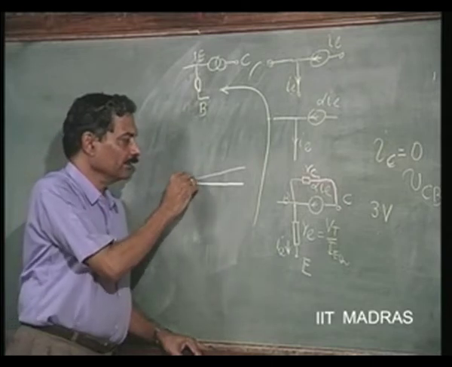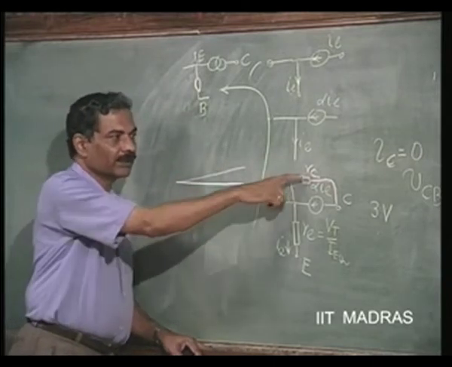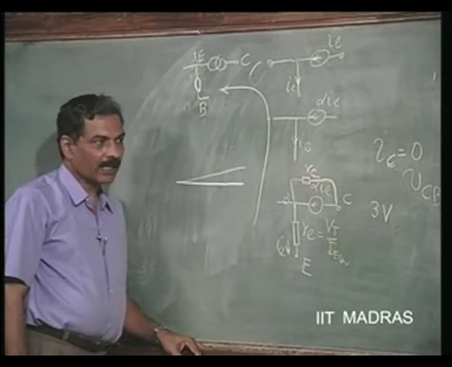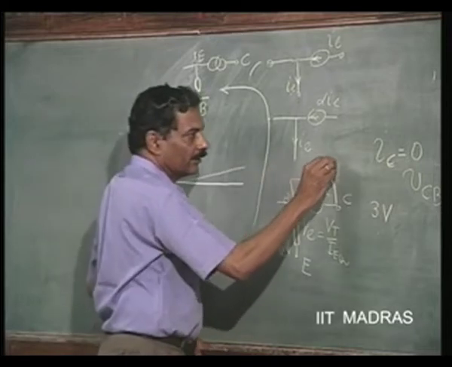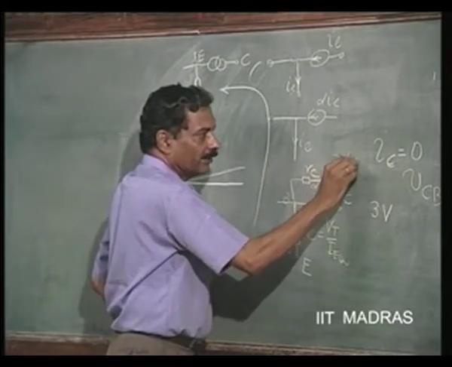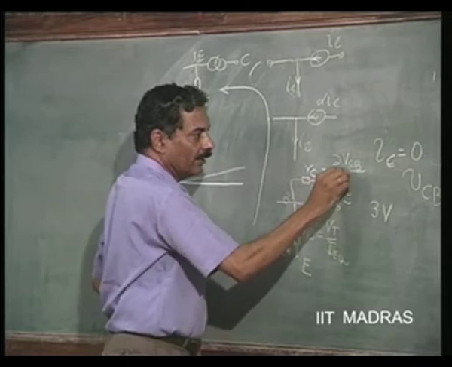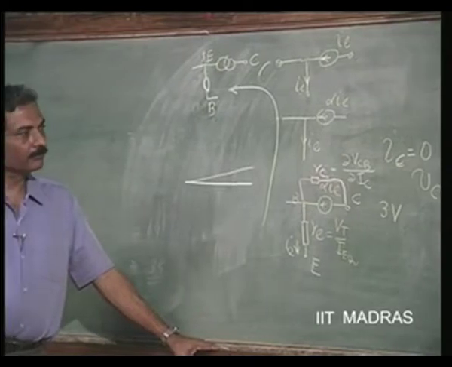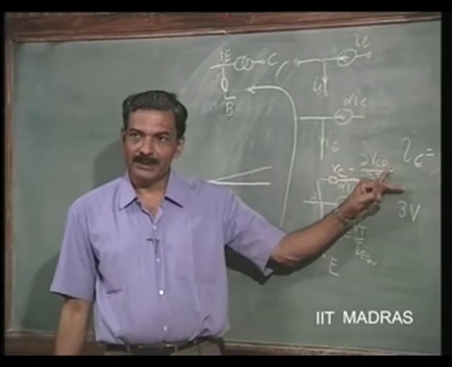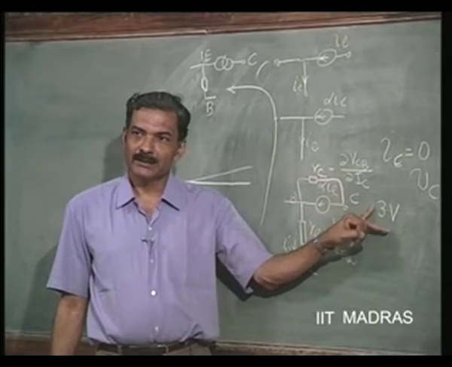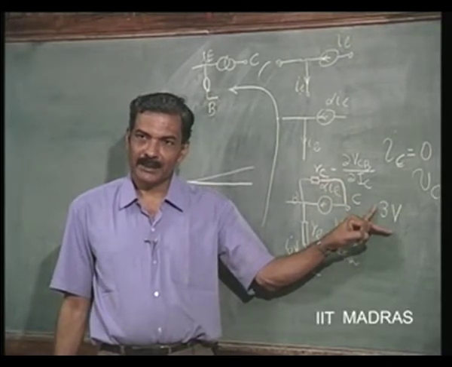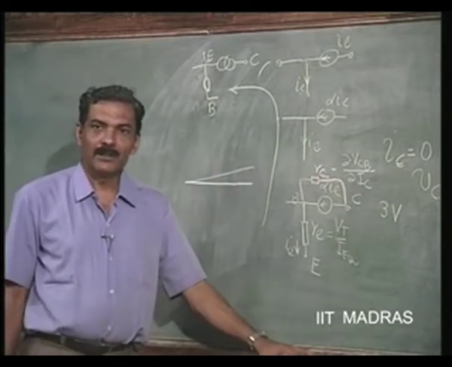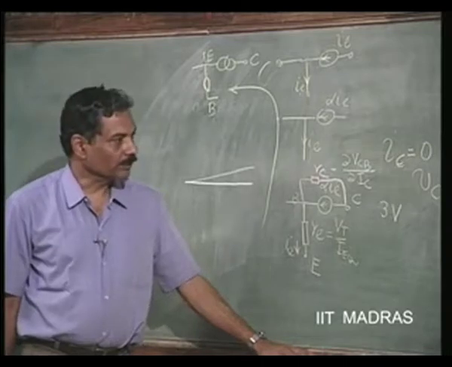And the slope at any given point is what is called RC. This is a small signal resistance, which is RC, nothing but delta VCB divided by delta IC. It is the change in the collector base voltage for a change in collector current by definition at a certain operating point. This is typically of the order of tens of mega ohms.